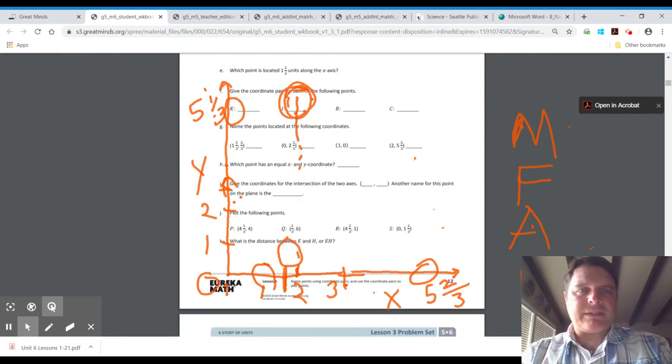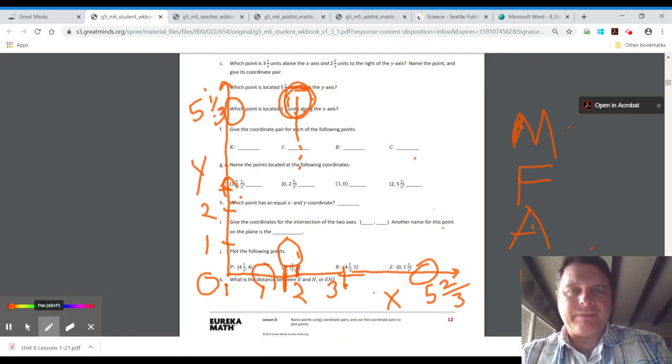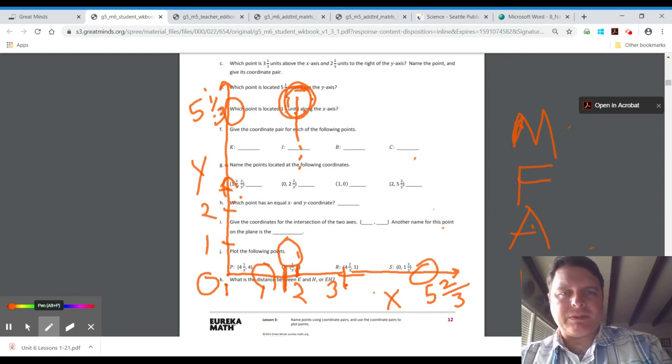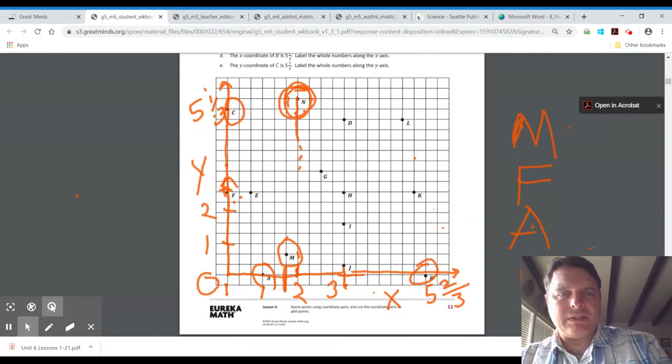So M, F, A, N, that's letter G, by the way. So for letter G, the next question says, which point has an equal X and Y coordinate? So that means where would you have the same X and Y coordinate?